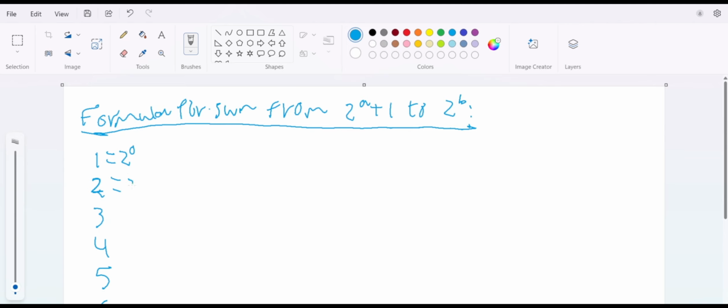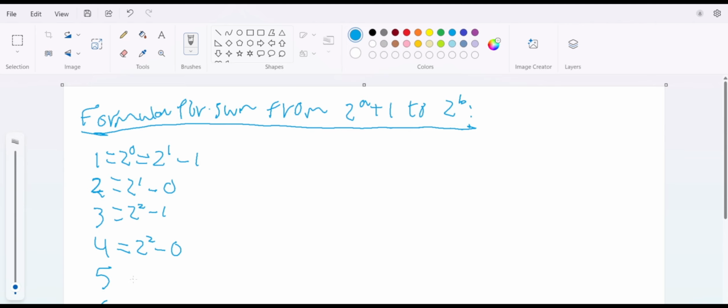This is equal to 2 to the 1. So this is 2 squared minus 1. This is 2 squared minus 0. And actually, I'm going to write this equivalently: this is 2 to the 1 minus 1, and 2 to the 1 minus 0.